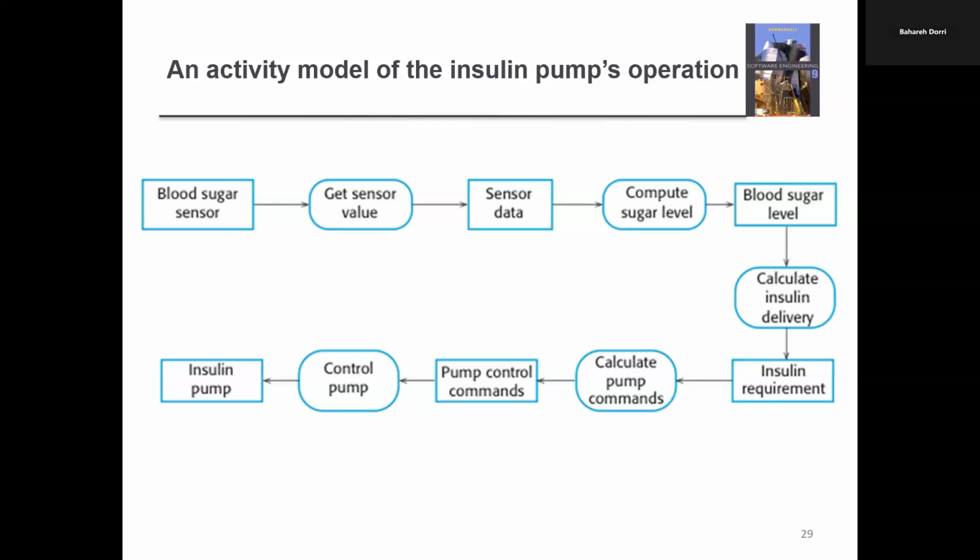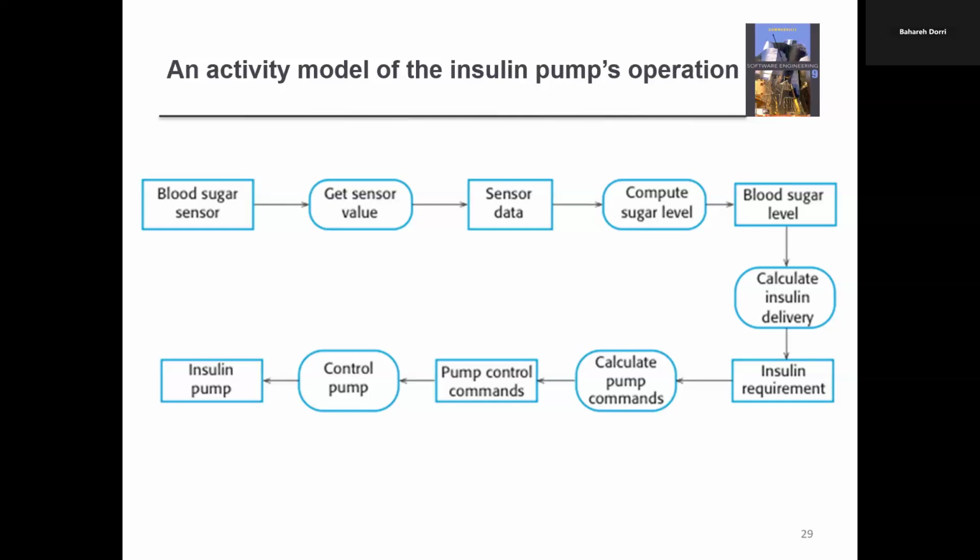At this point, the system reacts to that input. It needs to calculate how much insulin the patient needs. So it performs a calculation for insulin delivery, resulting in an insulin requirement. Now the second half of the process begins, where the system prepares to act based on the calculations.